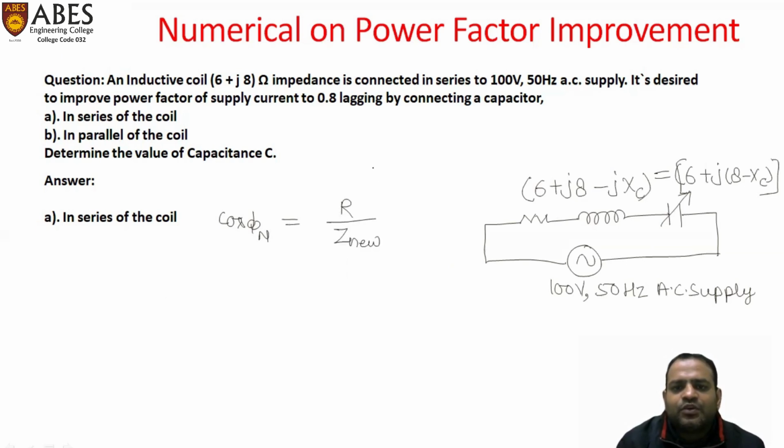So what is the new Z? The new Z is 6 plus j(8 minus XC).